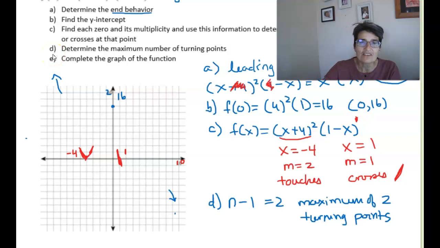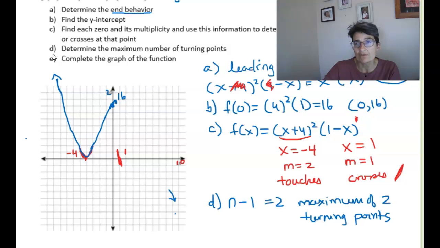Okay, so let's sketch a graph. It starts up here. It goes to the x-axis and touches it at x equals negative 4, and turns around because that has a multiplicity of 2. Then it has to go through the 16 because that's the y-intercept, and it has to quickly turn around. Now it doesn't have to turn around at 16. It could go past and then turn around.